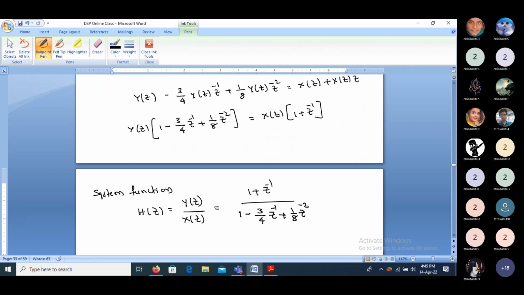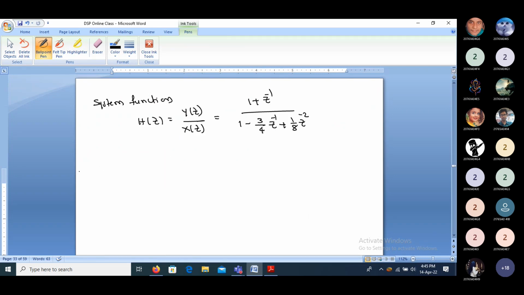So this is the system transfer function H(z) using Z-transformations.